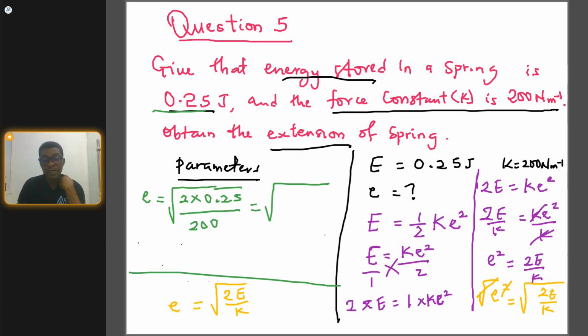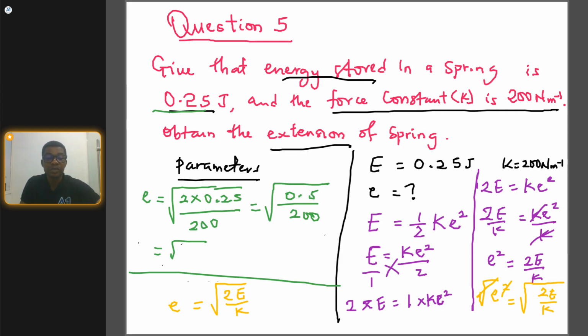First multiply 2 by 0.25. Write the answer, then divide it by the denominator. So 2 times 0.25 is 0.5, divided by 200.